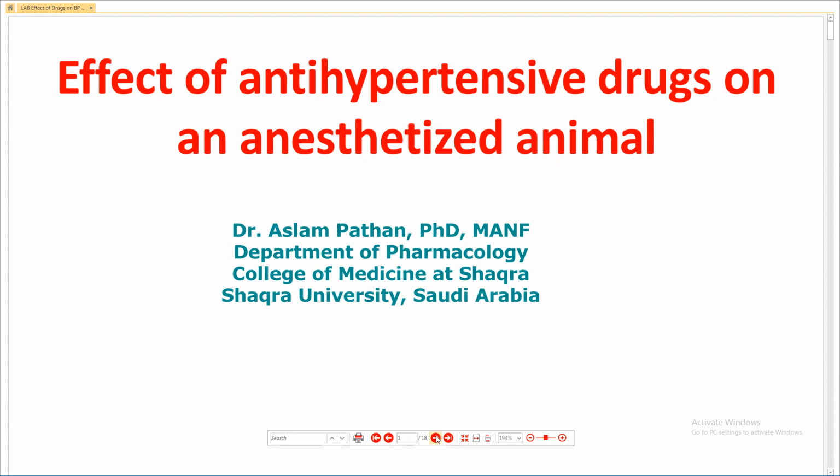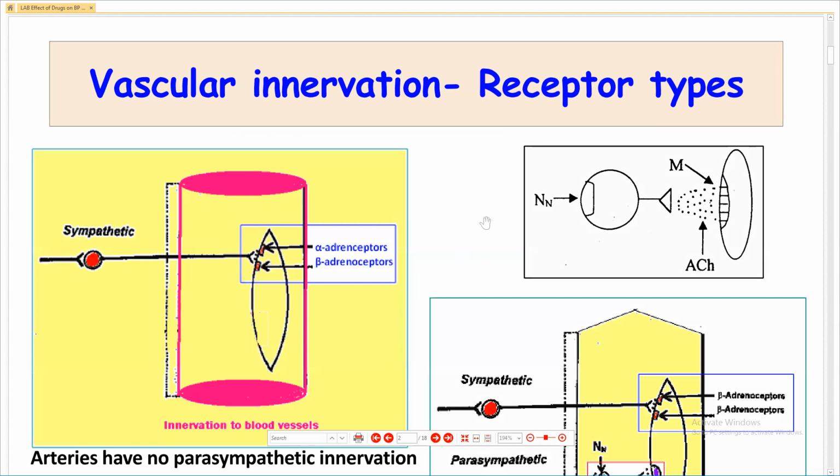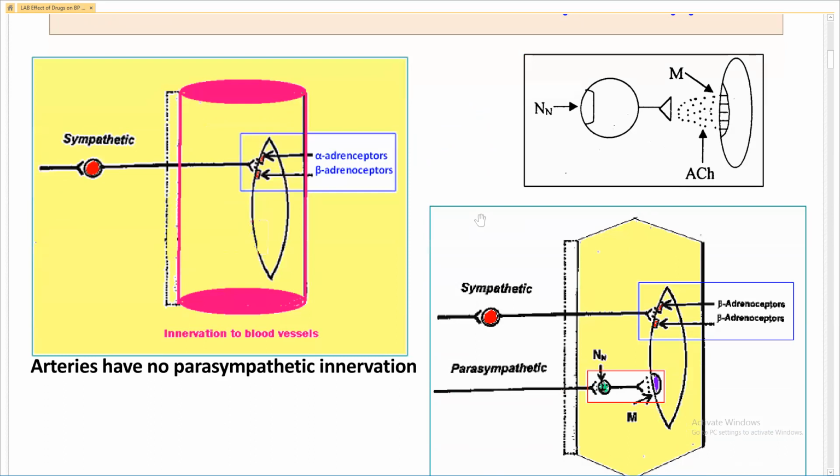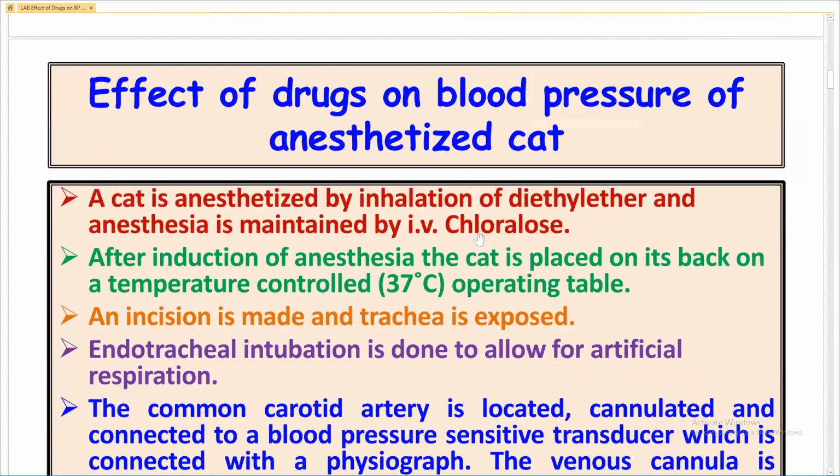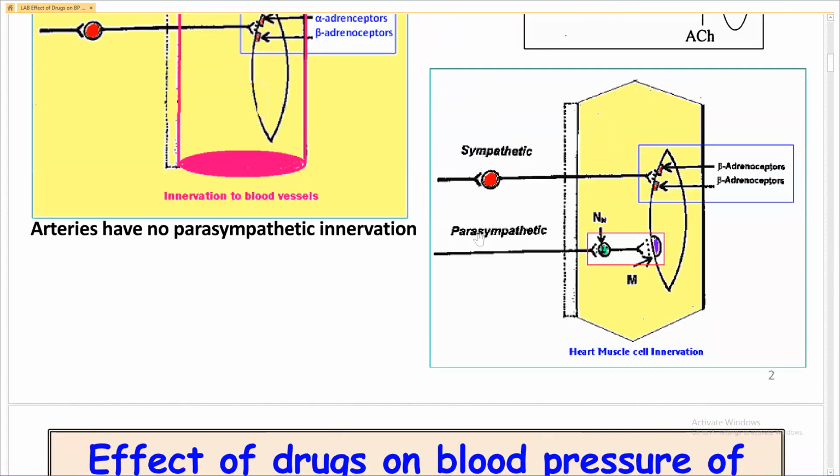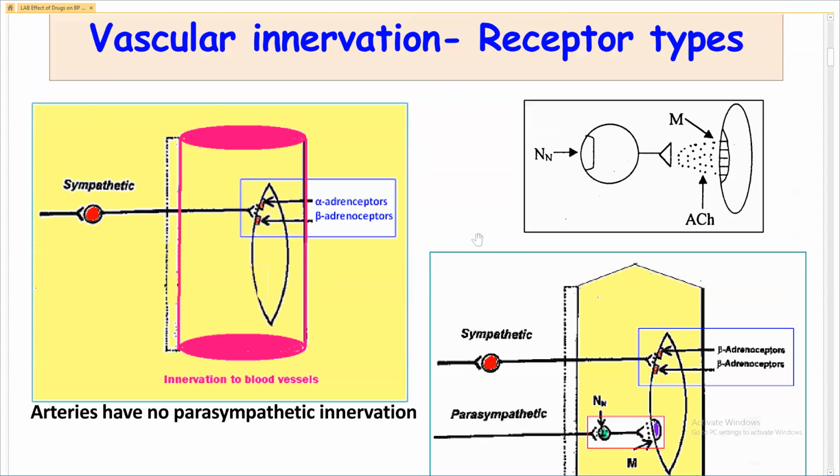In the dry lab experiment, the apparatus needed is the Sherrington recording drum, where we need to trace the effect of drugs.